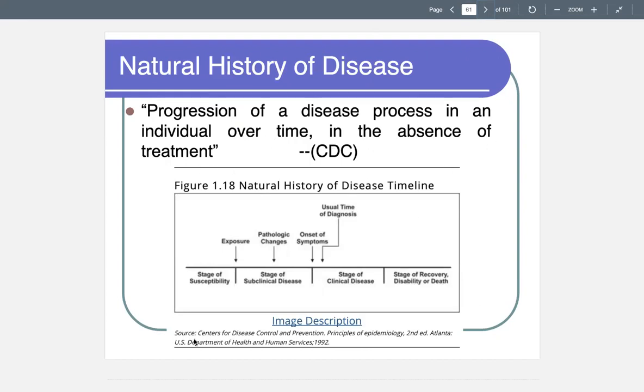So this is the flow of the natural history or the disease timeline, according to the Centers for Disease Control and Prevention. The stage of susceptibility, tapos pag na-expose ka, there is a stage of subclinical disease, dito yung incubation period kumbaga.